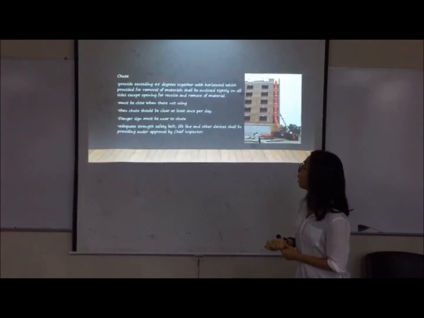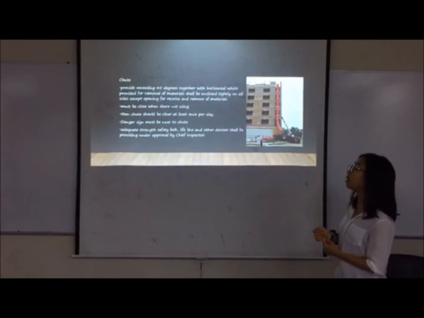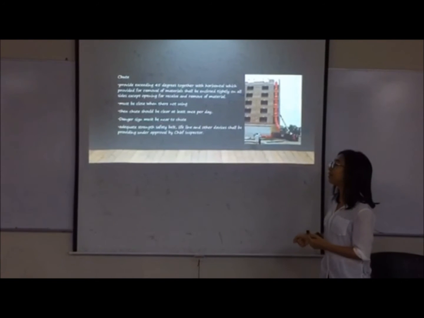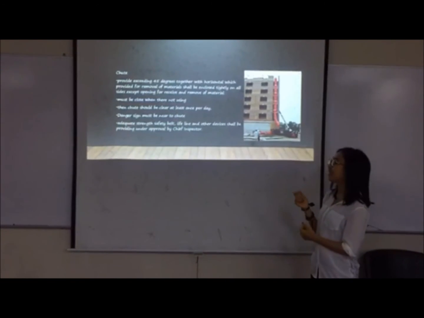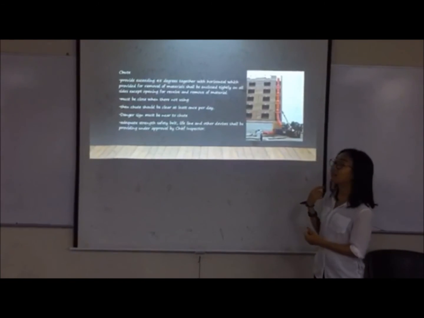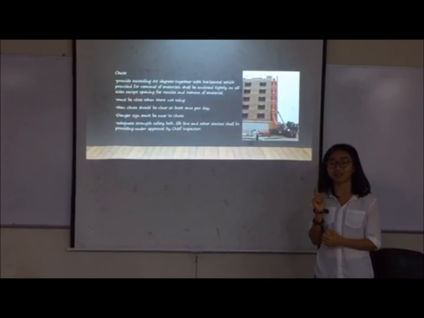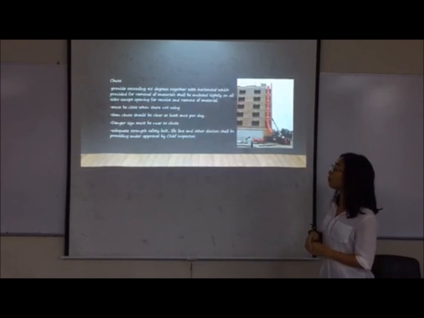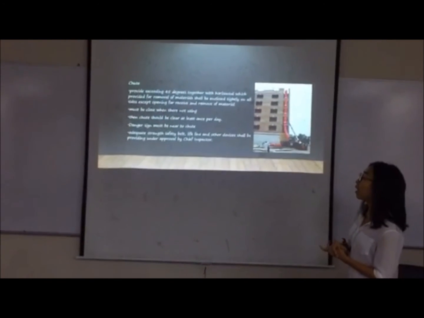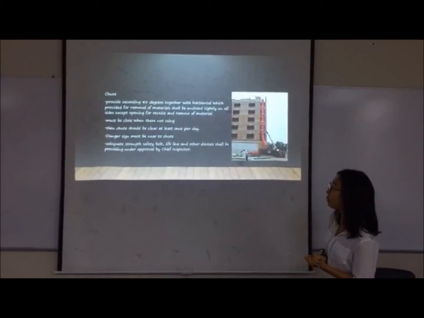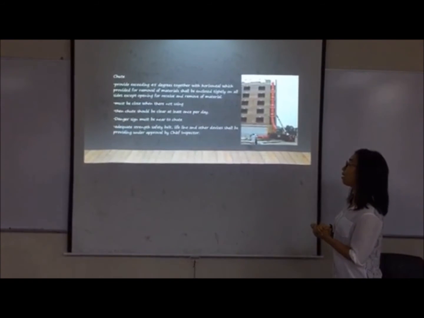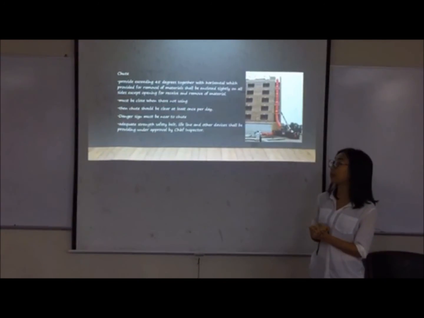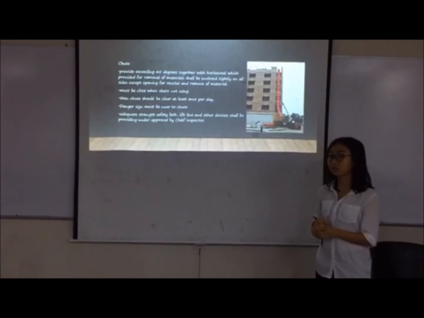And then the chutes must be cleared at least once per day when the chute is full. And then enough cranks, safety belts, lifelines and other devices shall be provided under approval by the Chief Inspector.